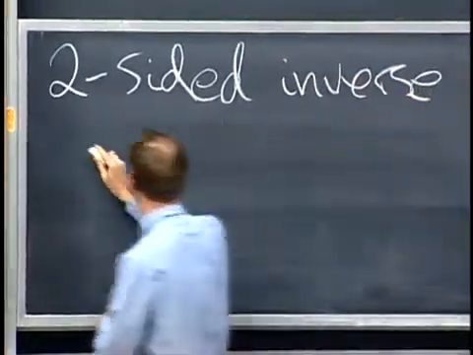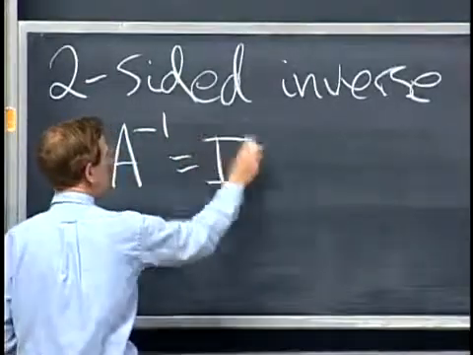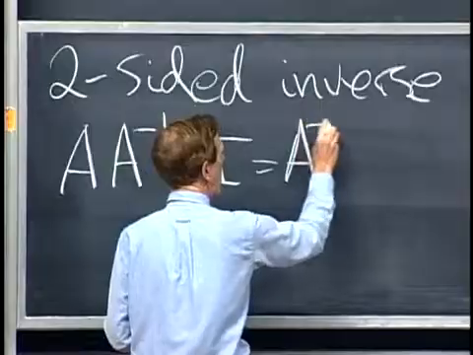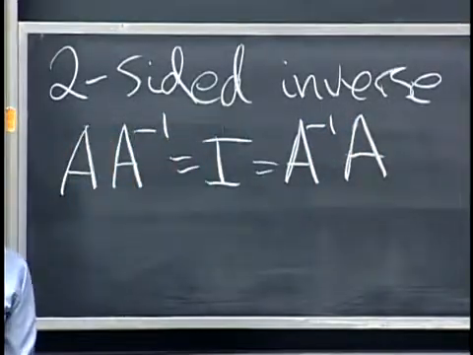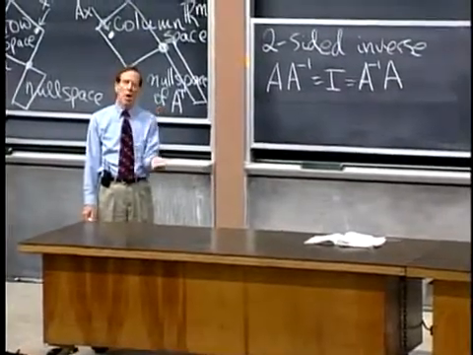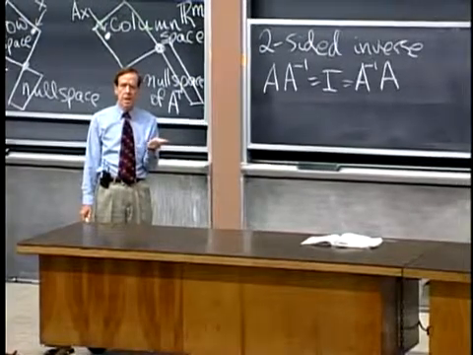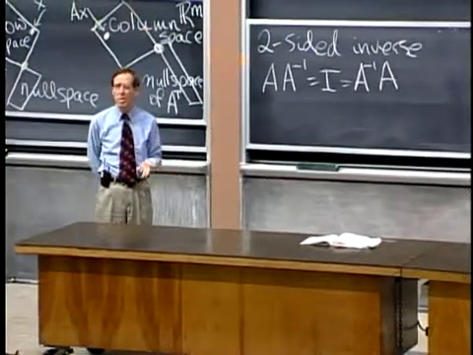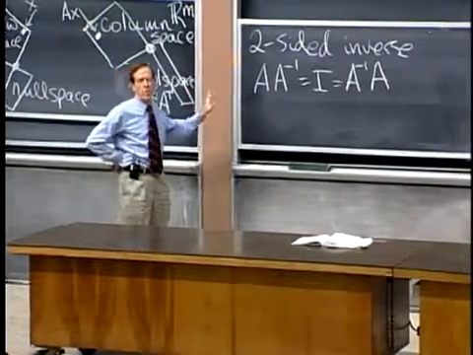That means there's a matrix that produces the identity, whether we write it on the left or on the right. Tell me, how are the numbers r, the rank, n, the number of columns, and m, the number of rows, related when we have an invertible matrix?